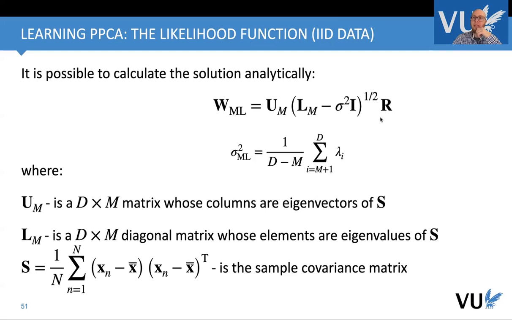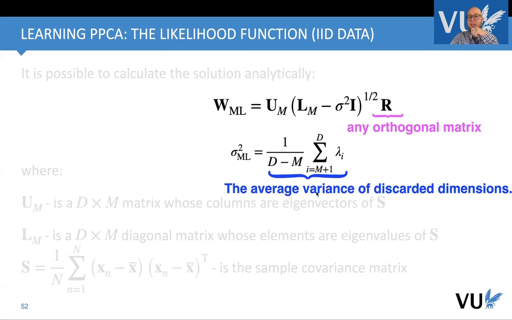This is a rotation matrix because these Gaussians, you can rotate them arbitrarily, and this is just rotating these values, so they don't change much. And how to calculate this variance? It turns out that this is simply taking the average variance of the discarded dimensions. So of course W is D times M, where D is the high dimensional space, M is the low dimensional space.